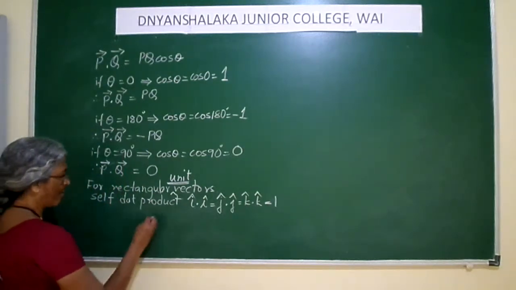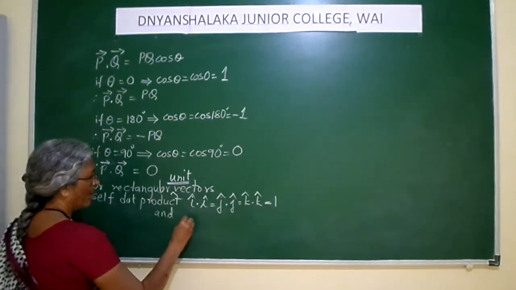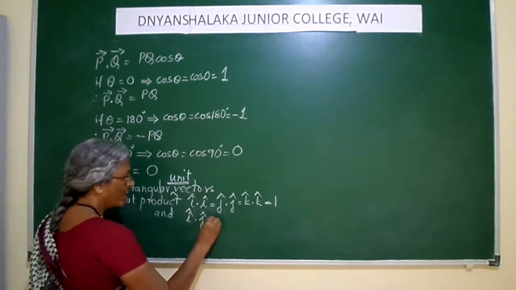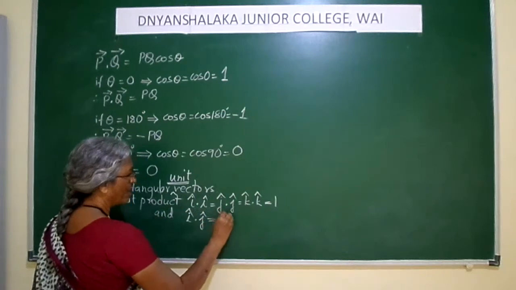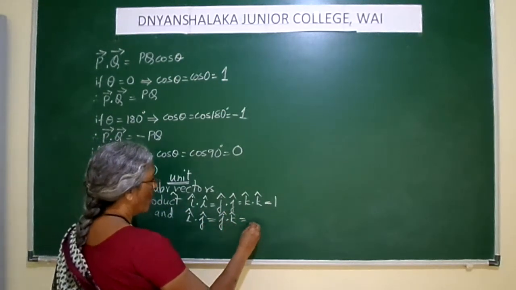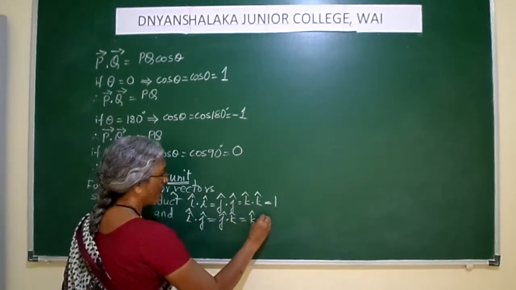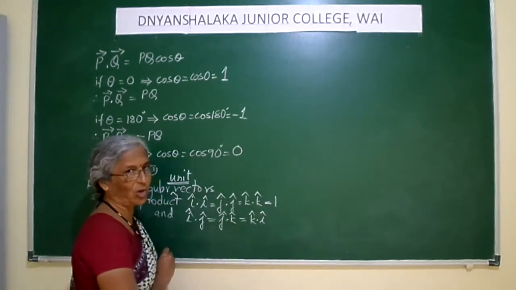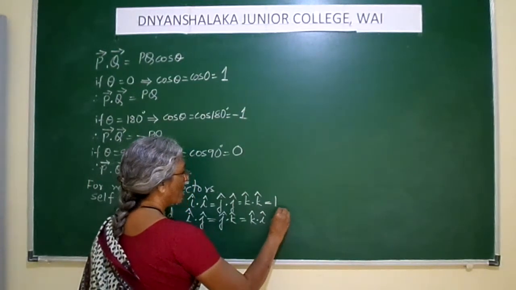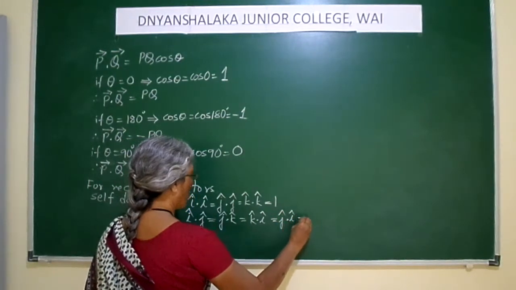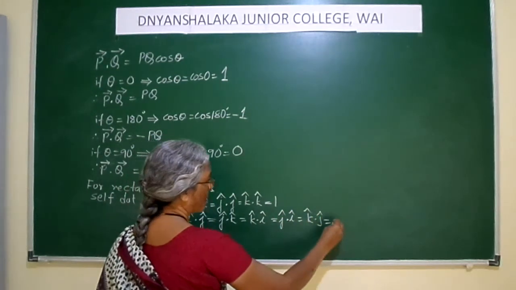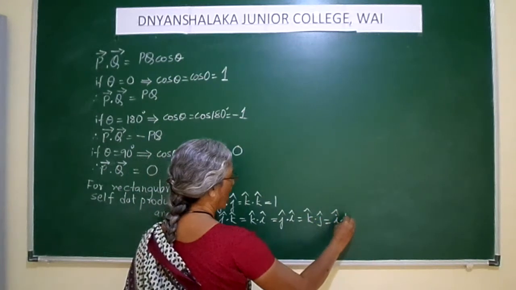And if I have vector i dot vector j, this will be equal to vector j dot vector k, which will be equal to vector k dot vector i, or the reverse order, which will be equal to j dot i or k dot j or i dot k.